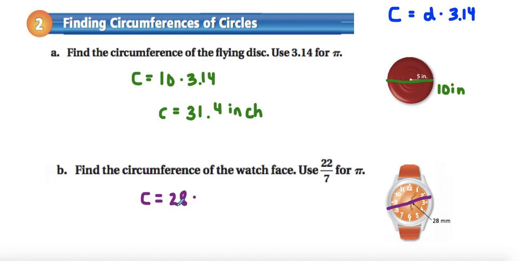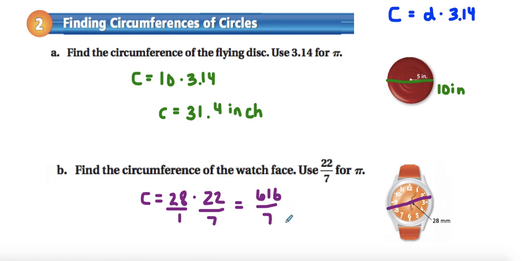So times 22 divided by 7. When I multiply fractions, I can multiply straight across. So 28 times 22 is equal to 616. 1 times 7 equals 7.